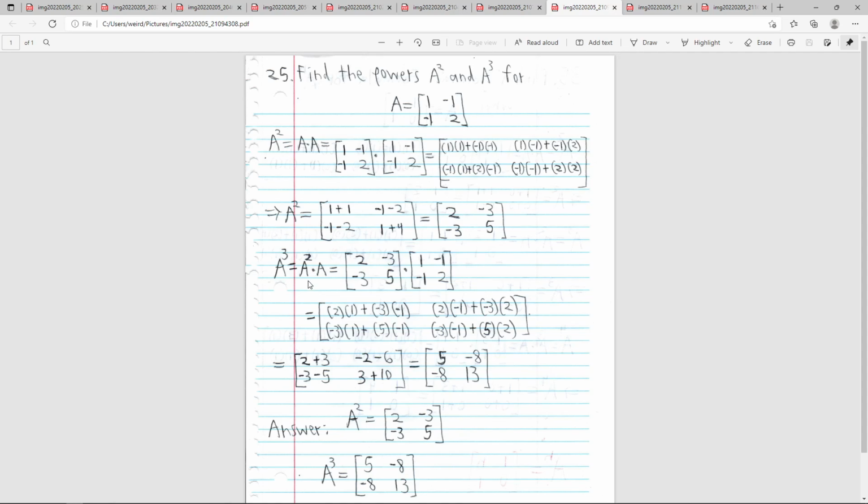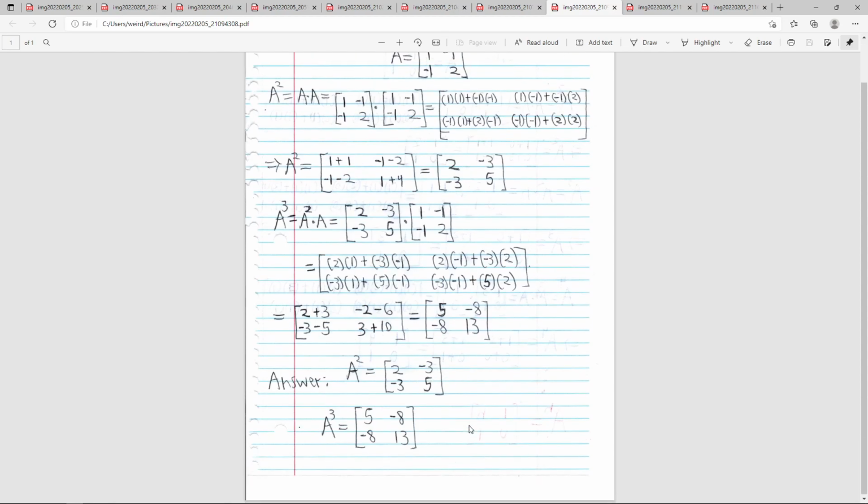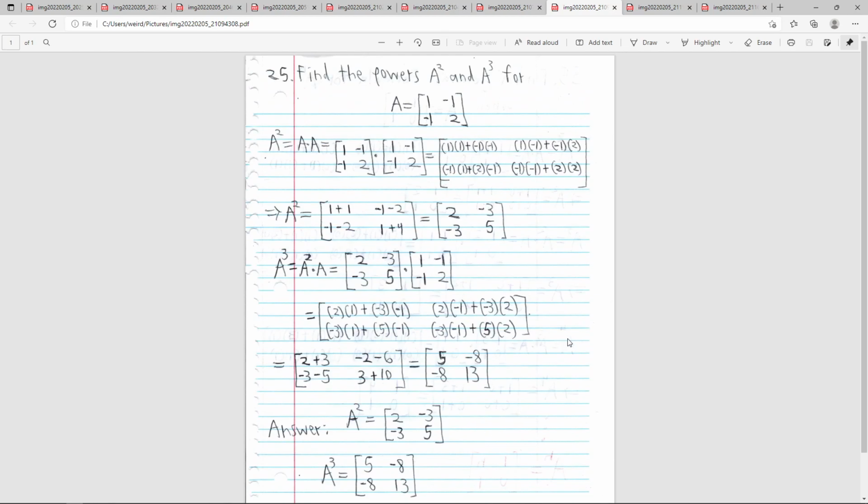So A cubed equals A squared times A, and eventually we get [5, -8; -8, 13]. There's nothing more to say but just the answers, because it's dot products again, multiple times. That's why it's important you understand basic vector multiplication, because it comes up here.